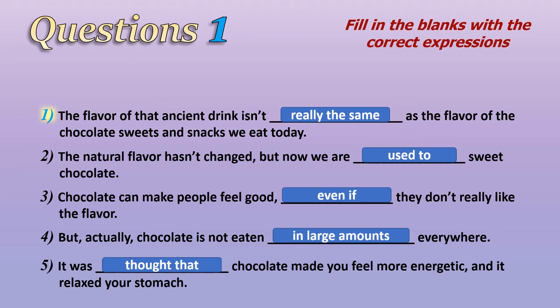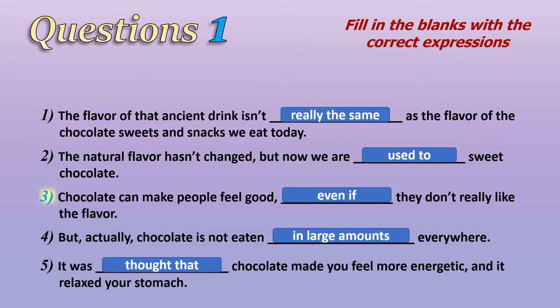Number 1. The flavor of that ancient drink isn't really the same as the flavor of the chocolate sweets and snacks we eat today. Number 2. The natural flavor hasn't changed, but now we are used to sweet chocolate. Number 3.